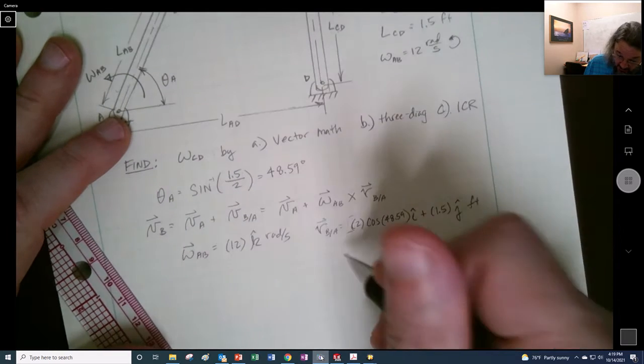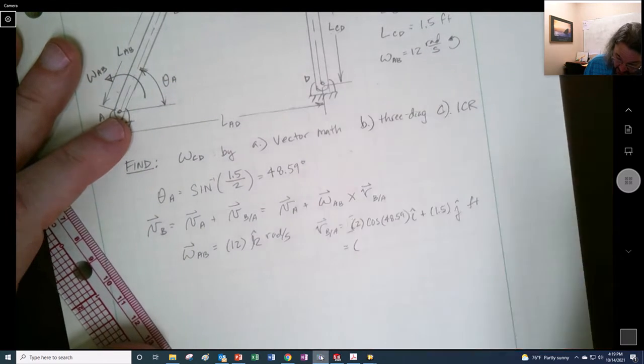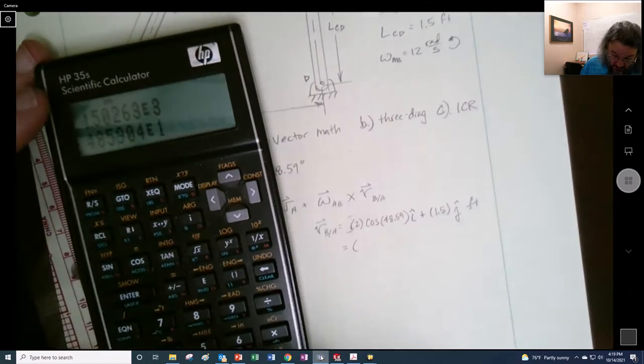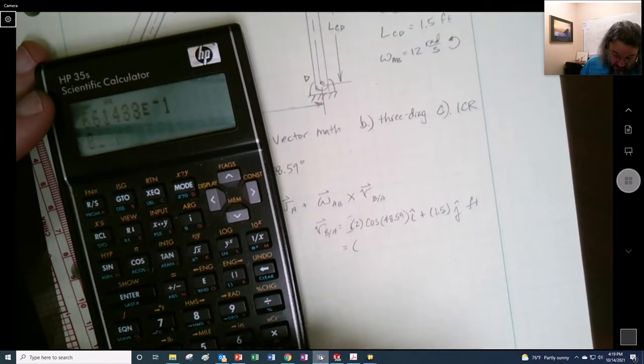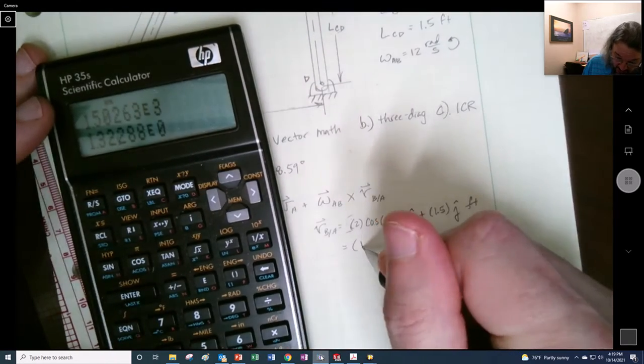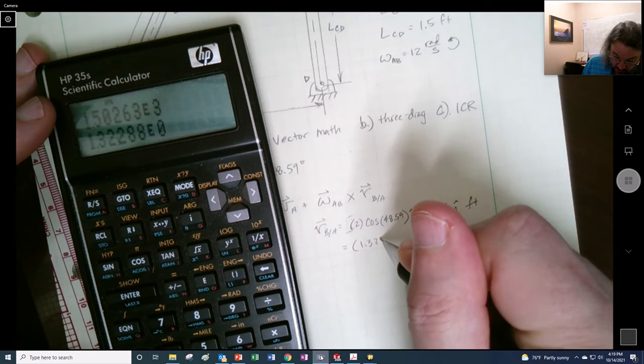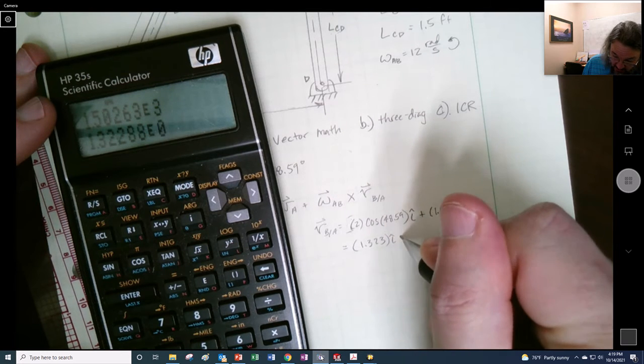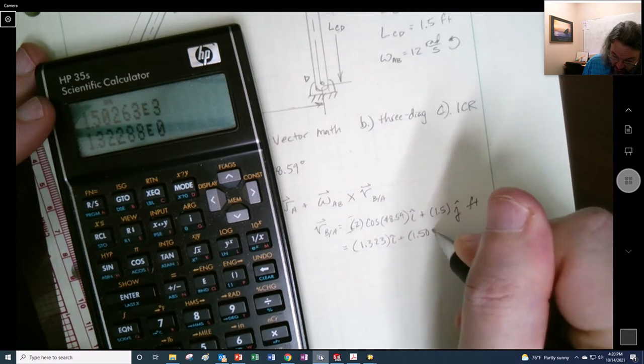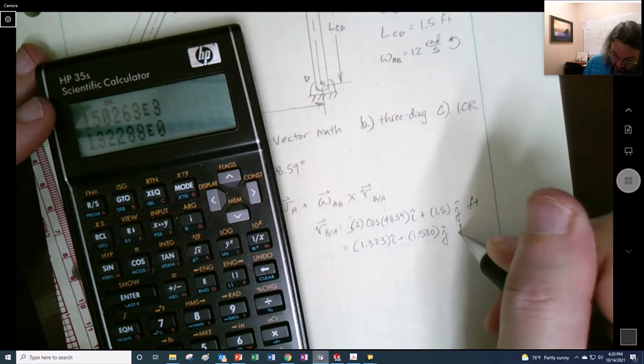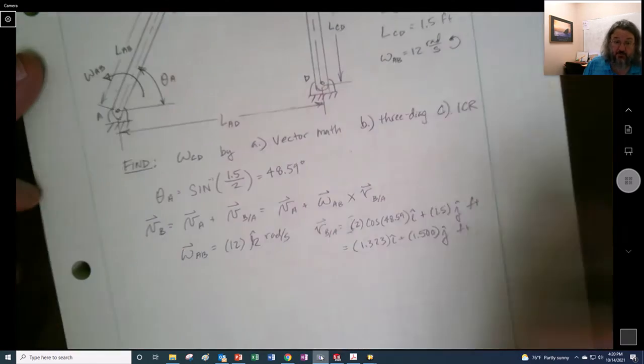So I can get what this actually equals to: 2 times cosine, and we get 1.323 I plus 1.500 J feet.